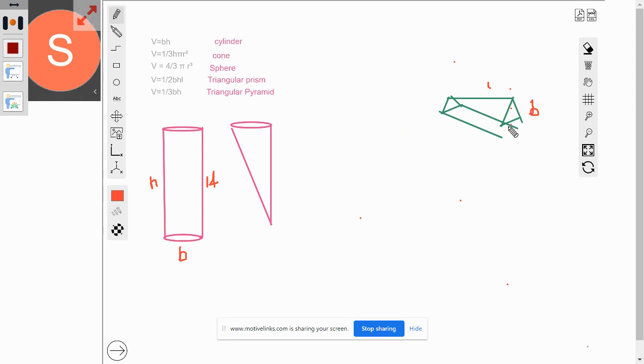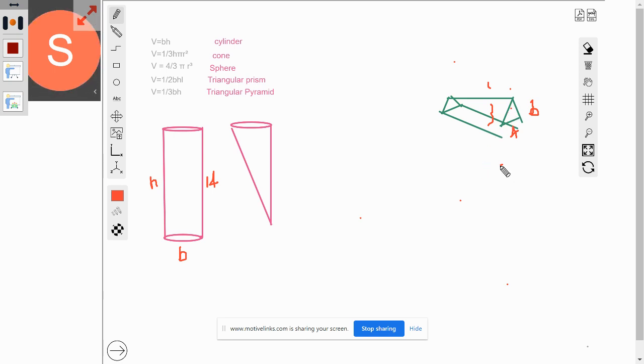Now, let's find out B. Let's say our height for the base is 3, and our base for the triangle is 4. So let's do 3 times 4, which is 12, divided by 2, which is 6.